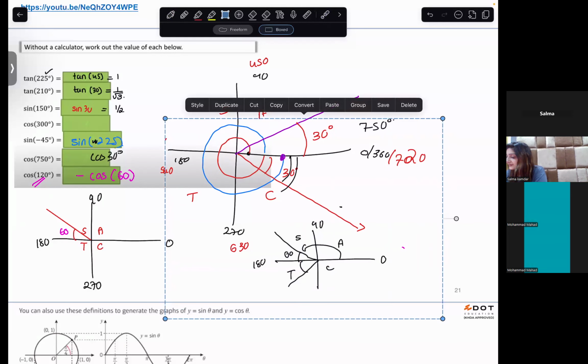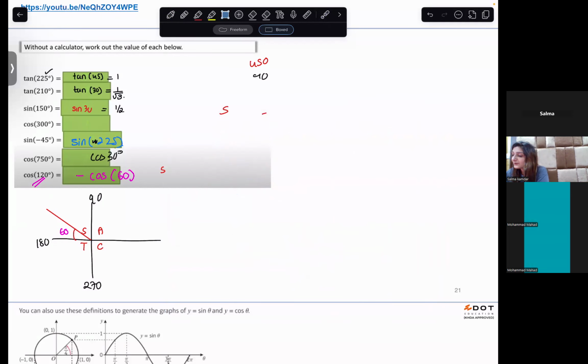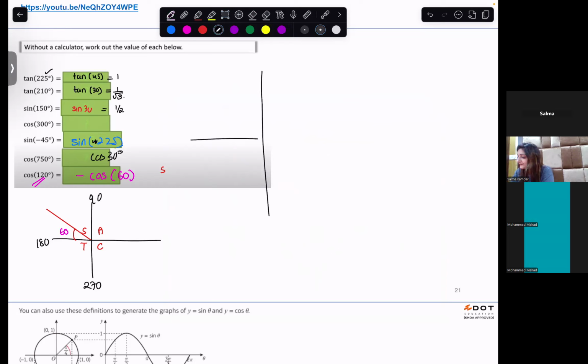I want to find an equivalent angle of cos 120. So this is going to be 0, 90, 180, and 270.